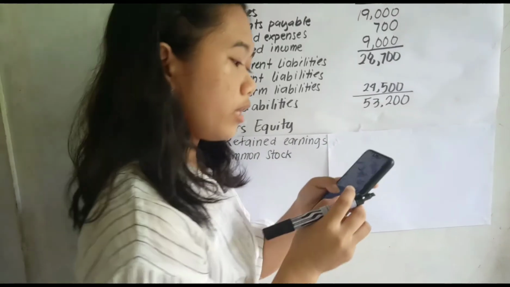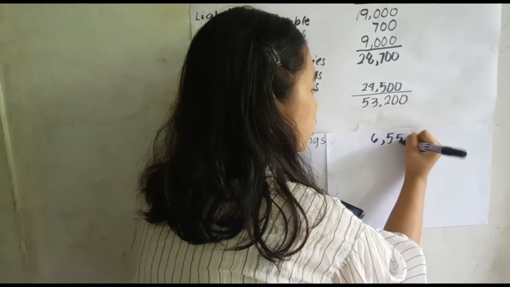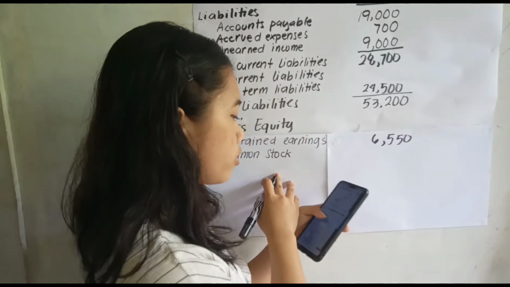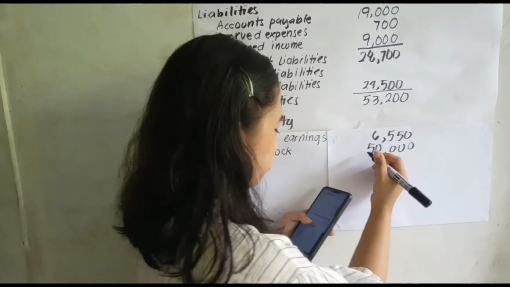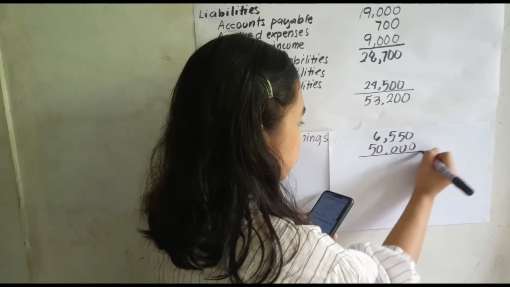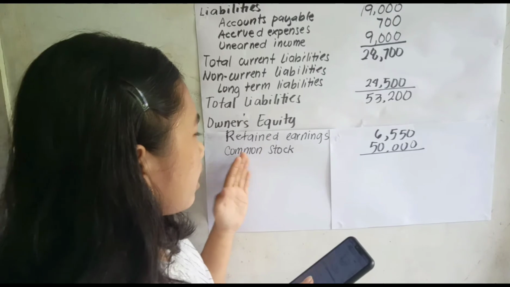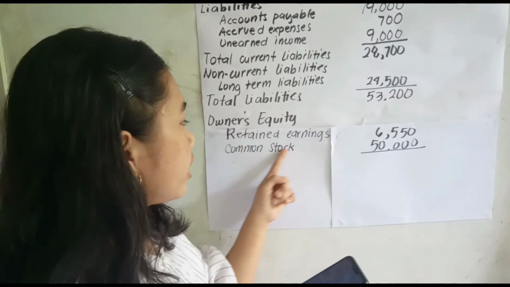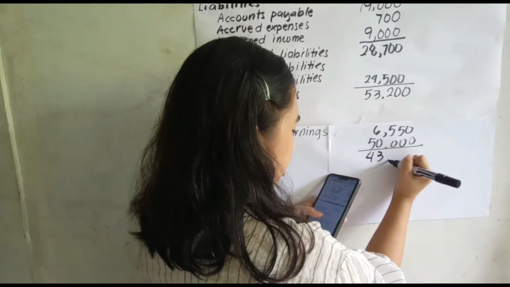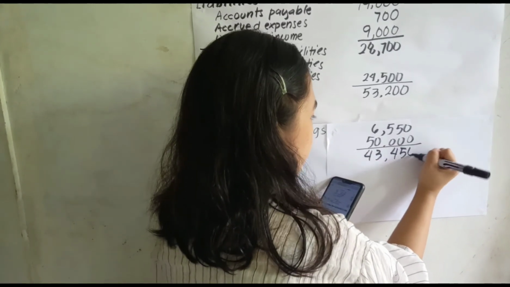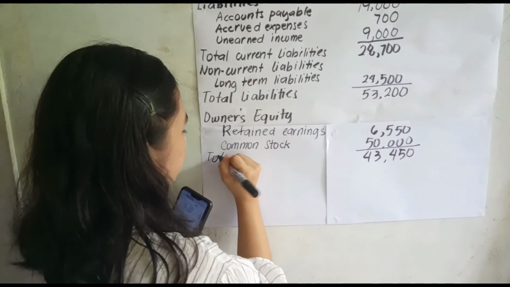The amount of retained earnings is 6,550. The amount of common stock is 50,000. So, deduct the retained earnings from the common stock. And the answer is 43,450. So, this is our total owner's equity.